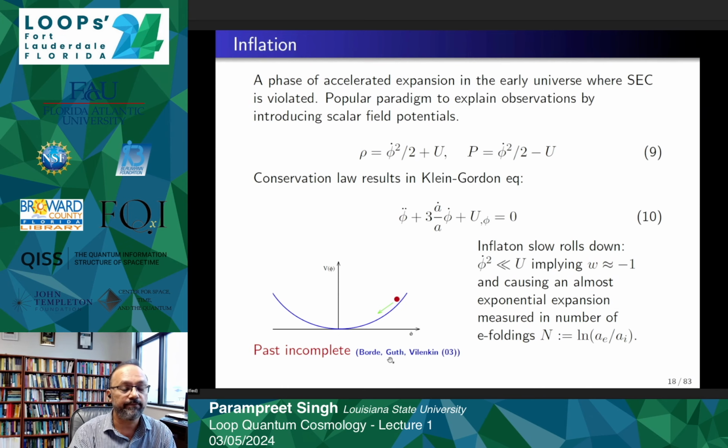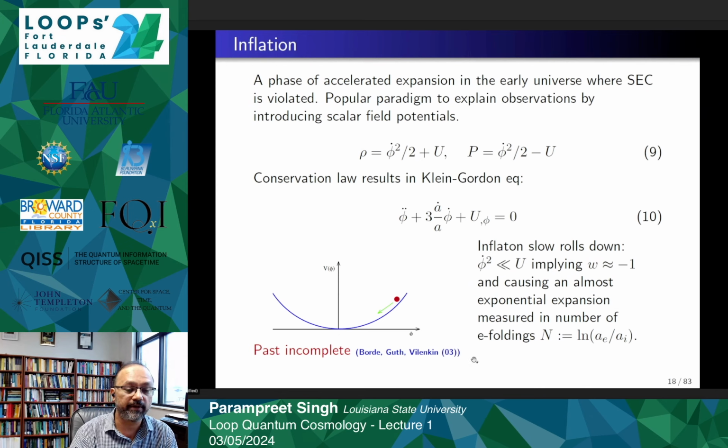Inflation is past incomplete, even if the equation of state here is very close to -1. What happens is that the inflaton starts from here and starts moving down. It goes through slow roll inflation, which means that kinetic energy is much smaller than the potential energy. w is -1. And going back to how the scale factor changes with time, it goes through an almost exponential expansion, which is measured in number of e-foldings, and we roughly need 65 e-foldings to explain the observation.